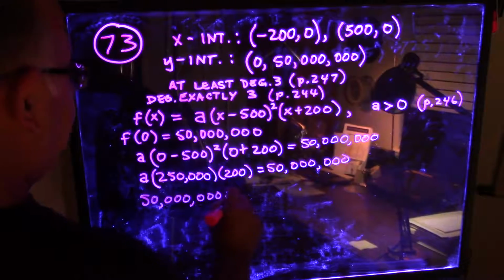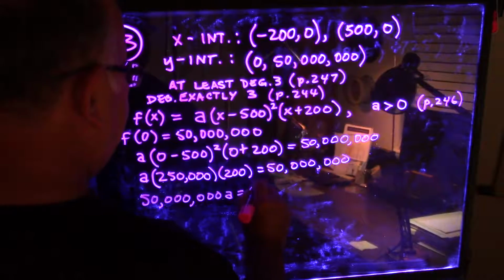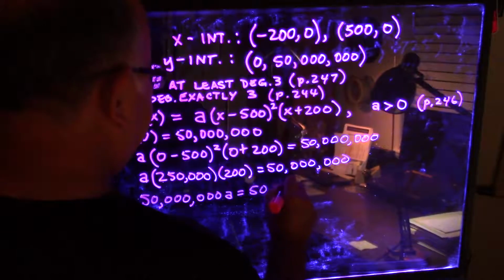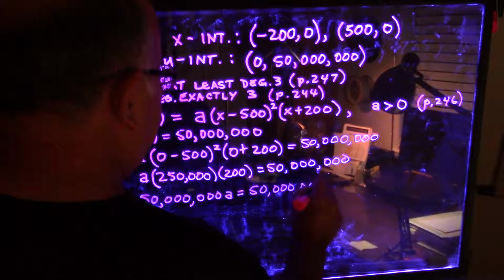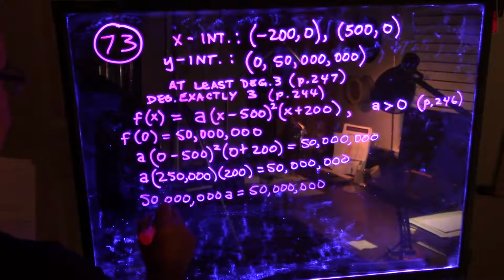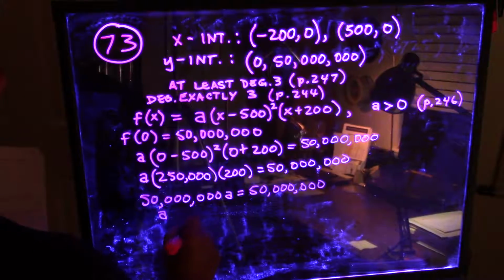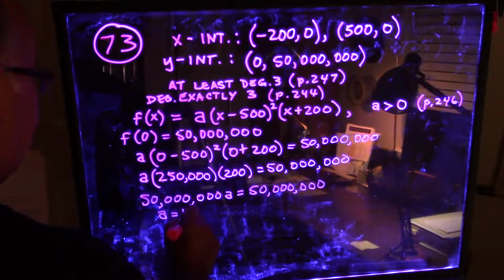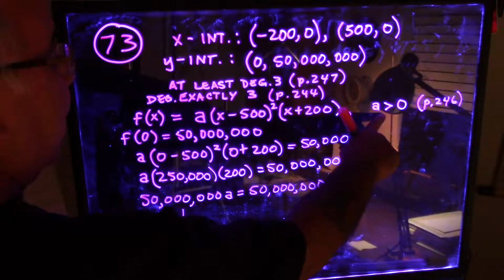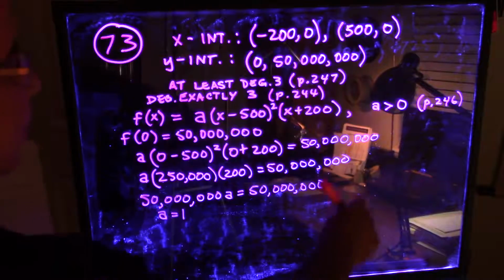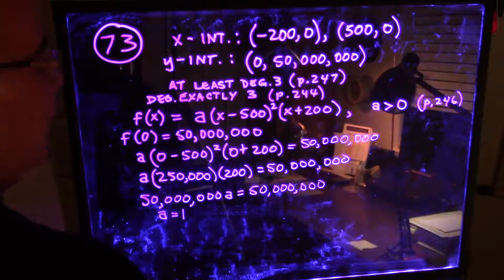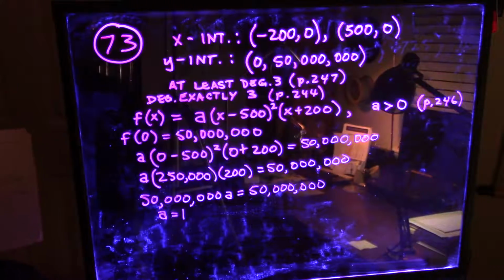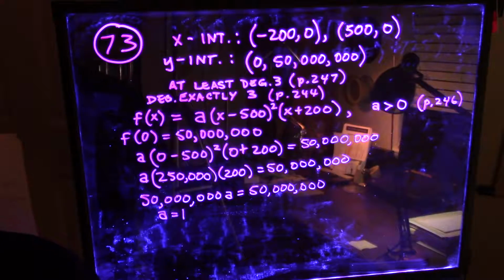You don't need a calculator to solve this. 50 million, a equals 50 million, so a must be 1. And it is positive 1 as we were informed by the theory. All right, so a is greater than 0. Yeah, it's 1.